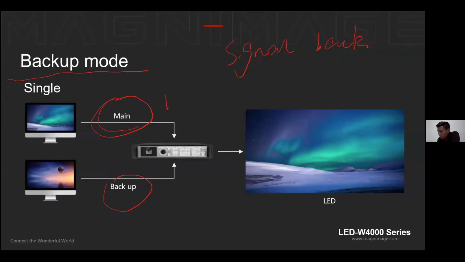If the main signal is interrupted, the backup signal will display on the LED screen automatically. Why do we need to design this? Because without this function, the LED screen will be black. But with this function, it will not. We can transfer to the backup signal. So we can improve the safety of the event or the project.